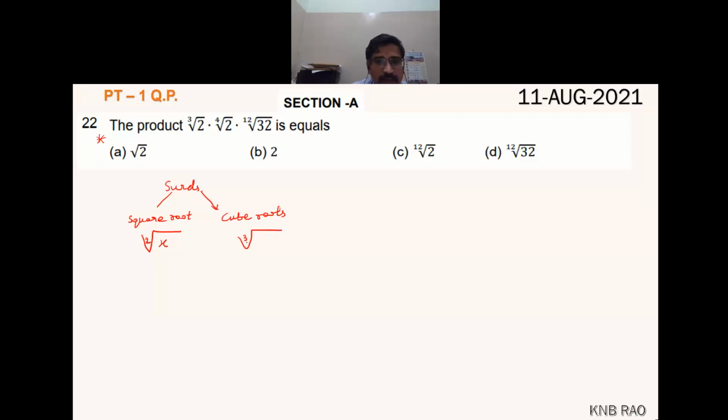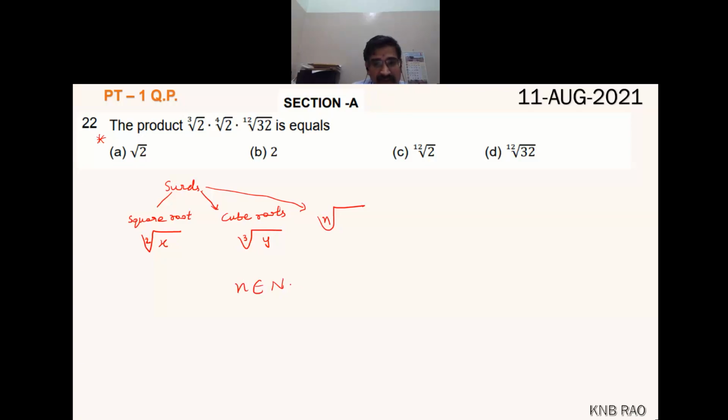For example, cube root y. And it doesn't include only square roots and cube roots as you learned in class 8. It includes even the nth root, where n is the index. It can be 4, 5, or n is any natural number, or we say positive integer.